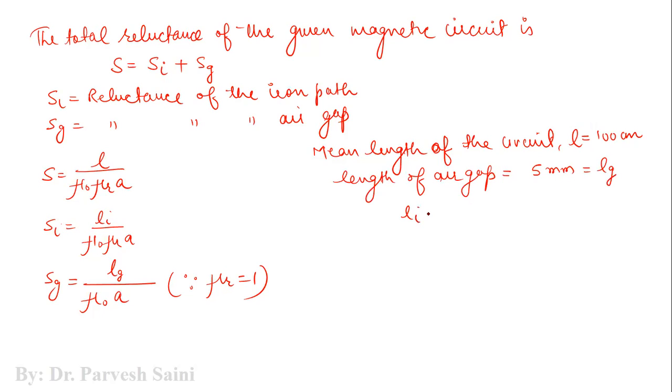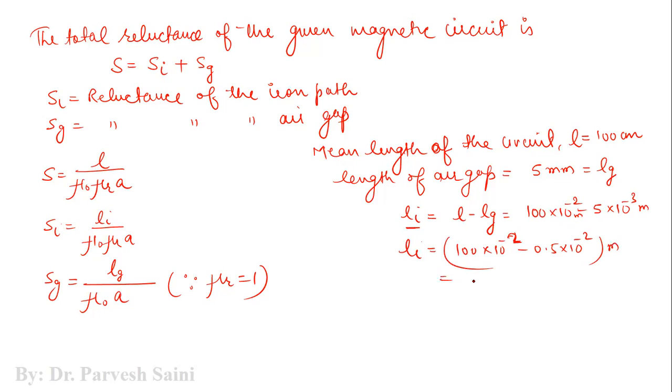So Li, the length of the iron path, will be L minus Lg. So this is 100 into 10 raised to the power minus 2 meter minus 5 into 10 raised to the power minus 3 meter. So Li is equal to 100 into 10 raised to the power minus 2 minus 0.5 into 10 raised to the power minus 2 meter.